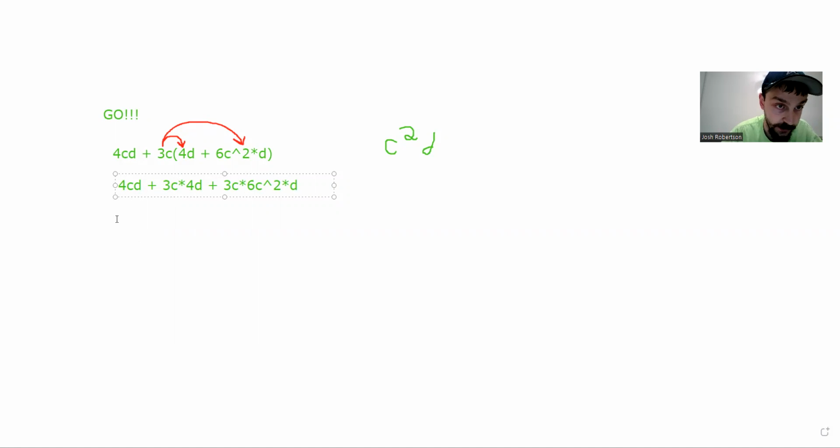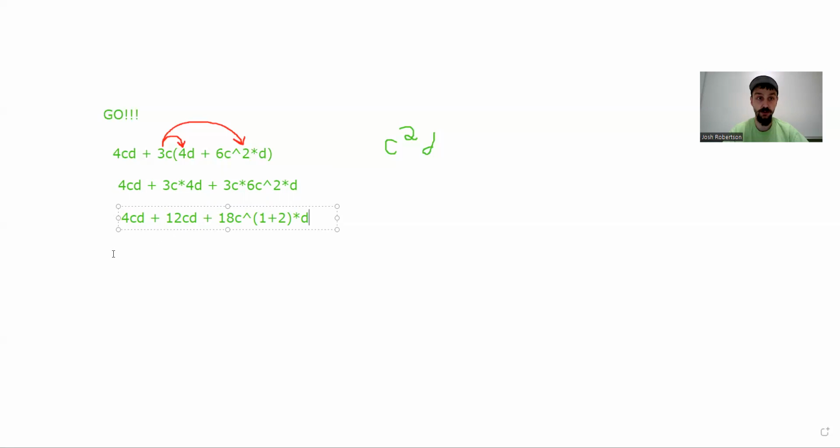Okay, and then you just multiply. So you've got 4CD plus, which is 3 times 4, 12CD, plus 3 times 6, which is 18 C to the 1 plus 2 power times D. Ooh, I've got some like terms to combine here.